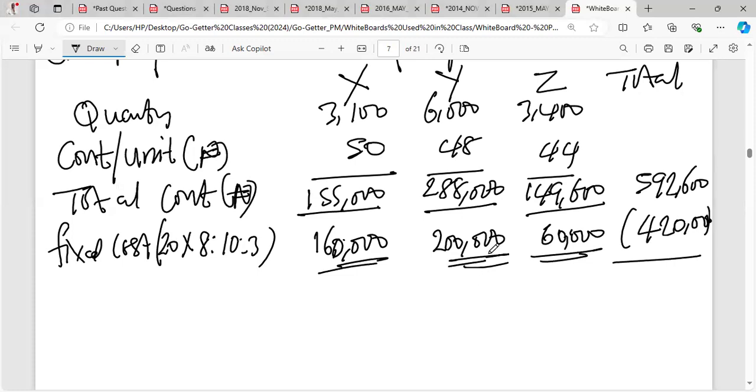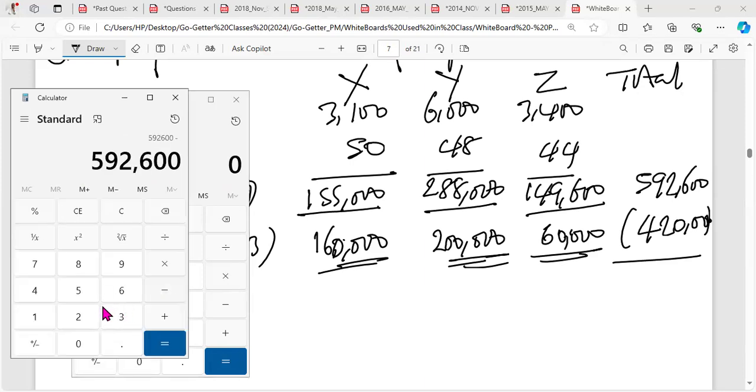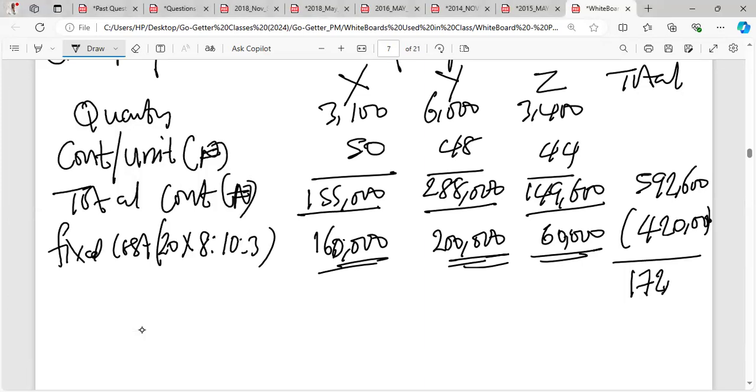So when you minus this from 592,600, let me minus 420,000. I have 172,600. Now this is my profit.